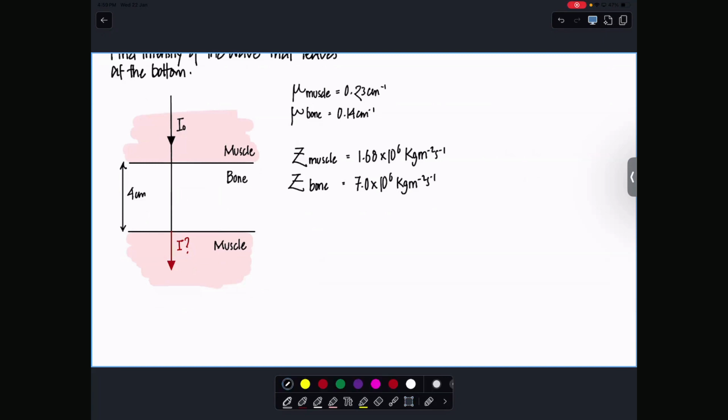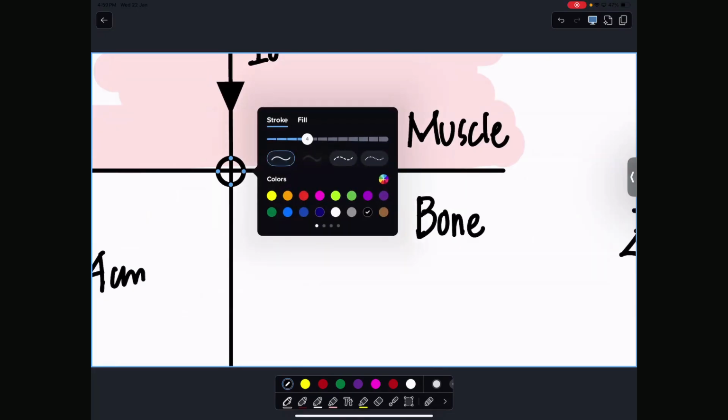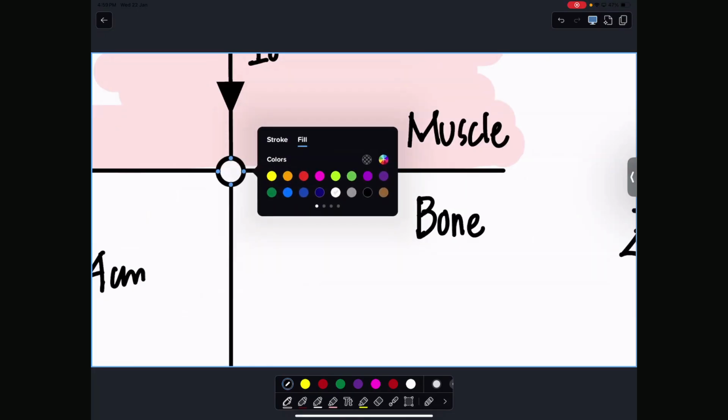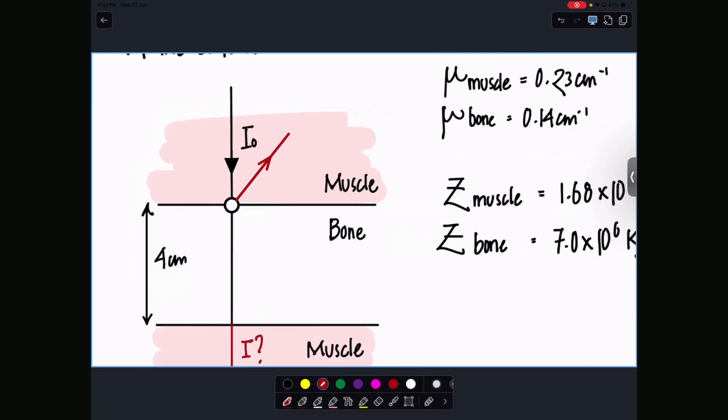কেমনে করতে হয়? So first, এই boundary-তে কাজ করব আমরা, and we will try to figure out what is happening at that location. Okay. So এখানে যে ওয়েভটা আসতেছে I naught, will all of it enter? No, right? So there'll be two things going on here. একটা কি হবে এখানে? Reflection. আর আরেকটা কি করবে? Refraction, which will go in here, right?